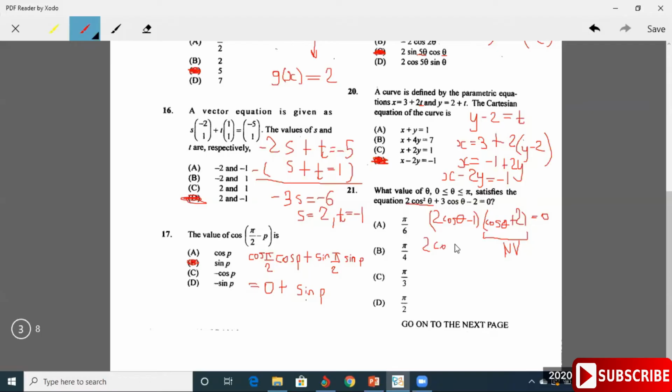So 2 cos theta is equal to 1, and so cosine of theta is equal to a half. And so theta should be equal to pi by 3. Theta is pi by 3.